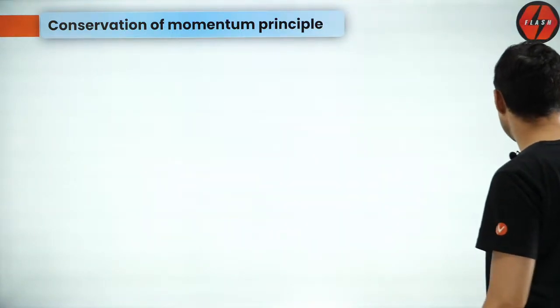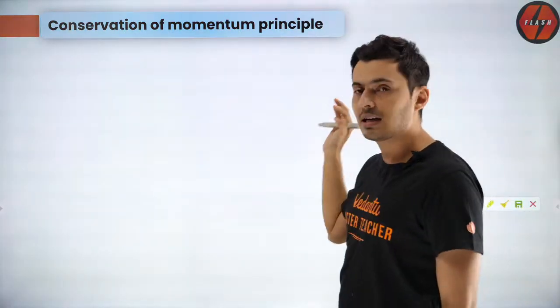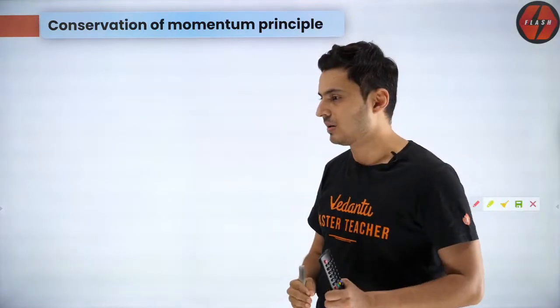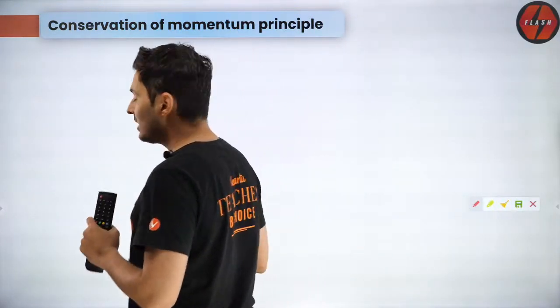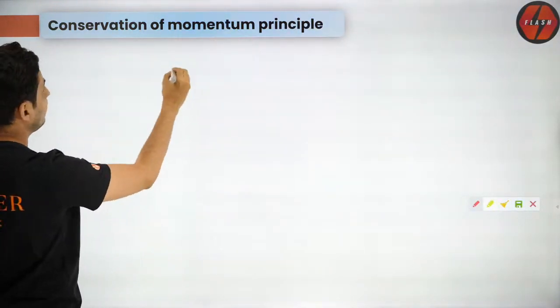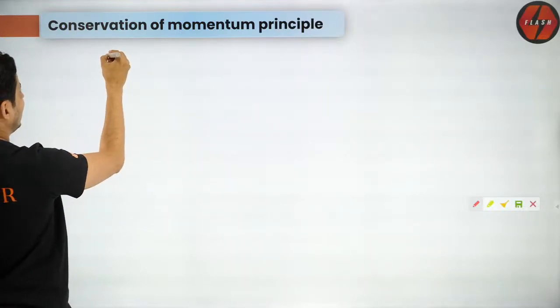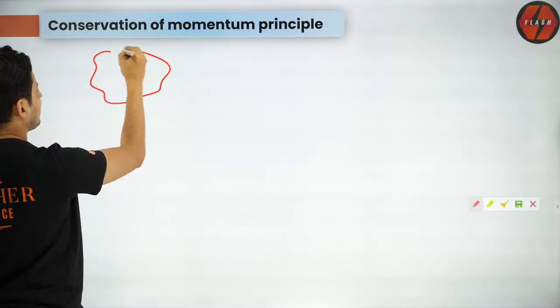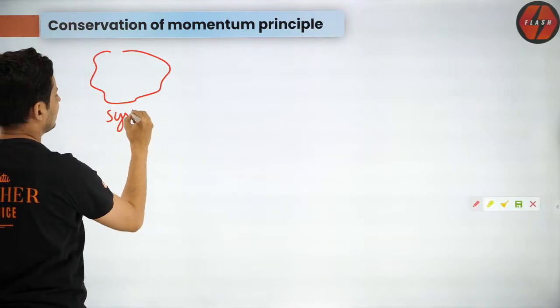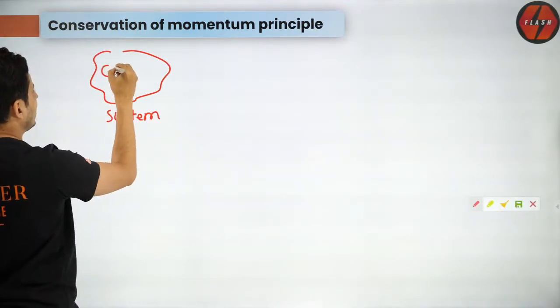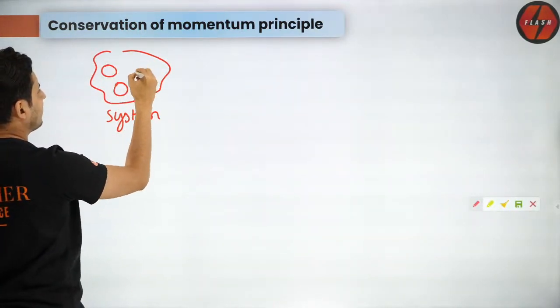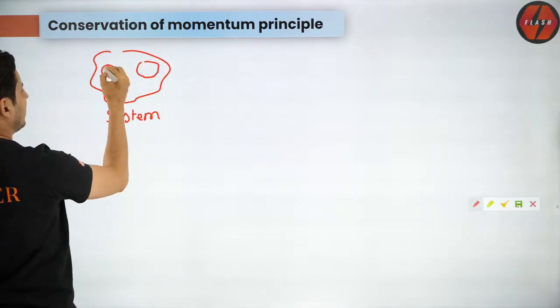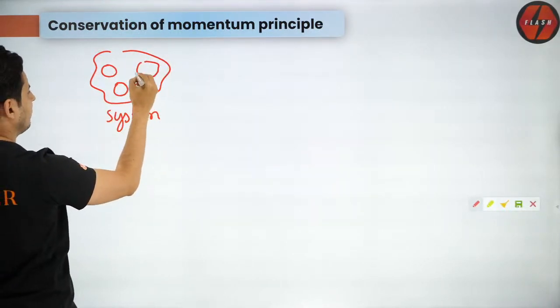So now let's make the general principle, and that is called the conservation of momentum principle. So understand, this conservation of momentum principle states that if you have a system, now that system can have one body, two bodies, or three bodies, doesn't matter. Many bodies can be there in that system.